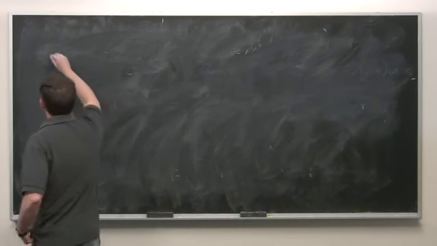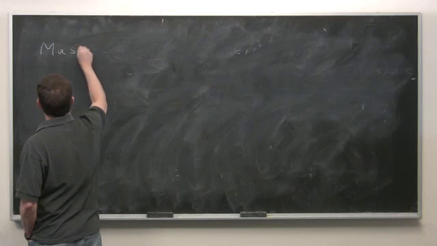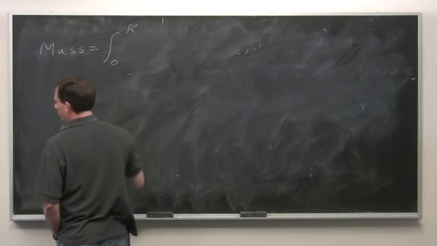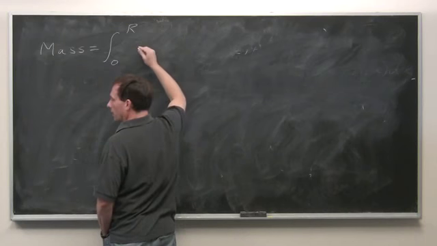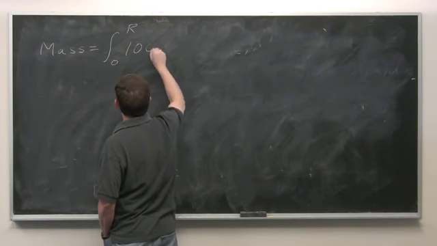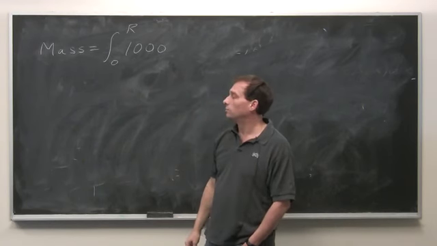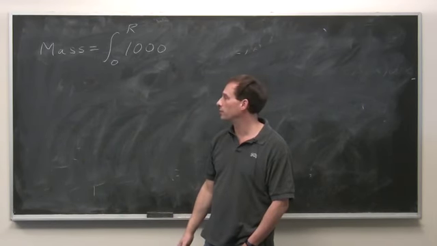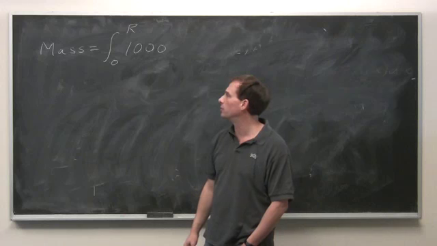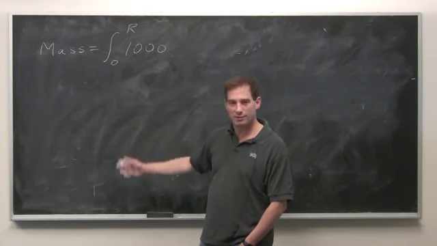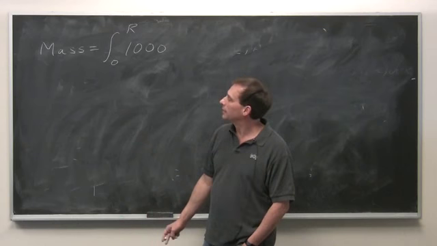So what do we get? We get the mass is the integral from 0 to R of, I'm going to put the constants out front. I'm dropping all the units. We know what they are. Density was in kilograms per cubic meter. The volume is going to come out in cubic meters. Well, I didn't say that I was measuring all the distances in meters, but I was.